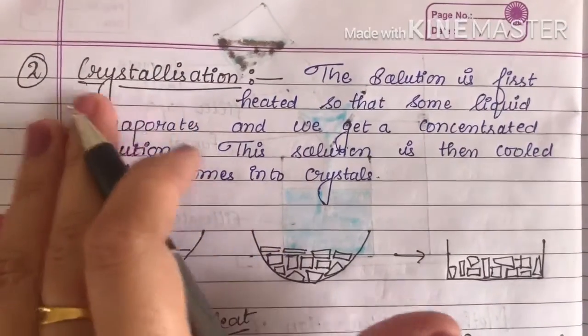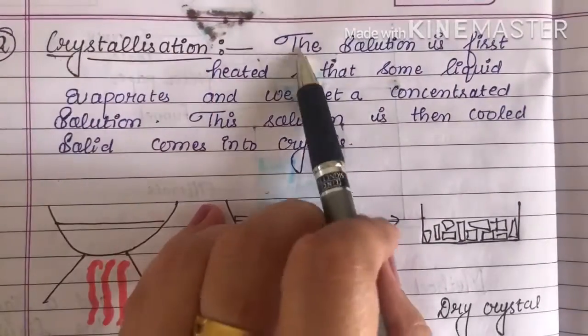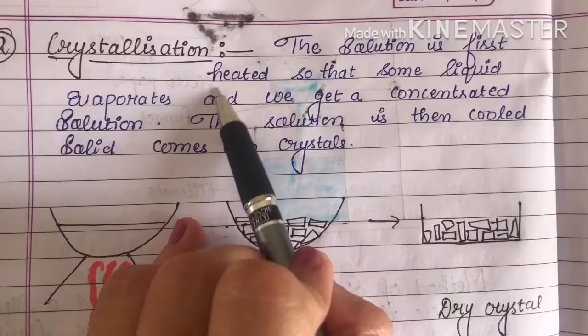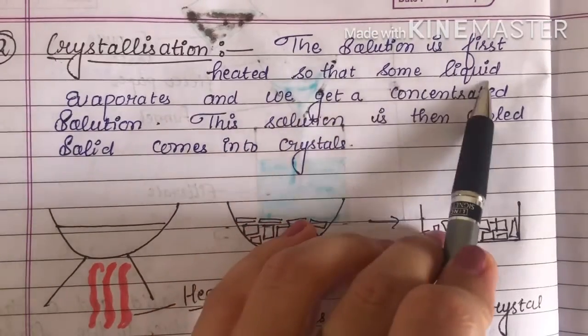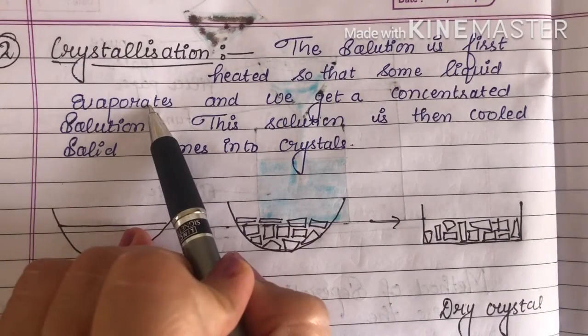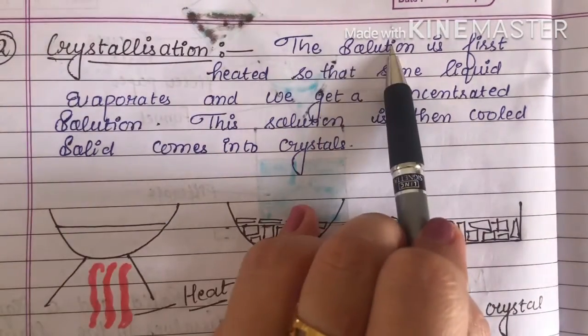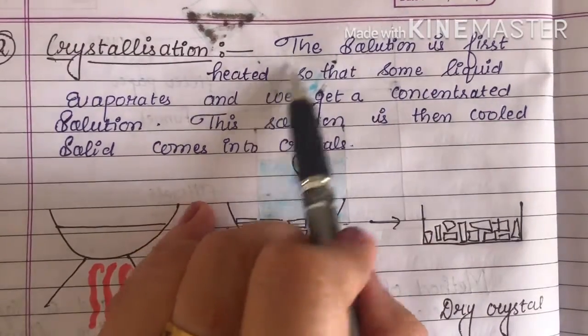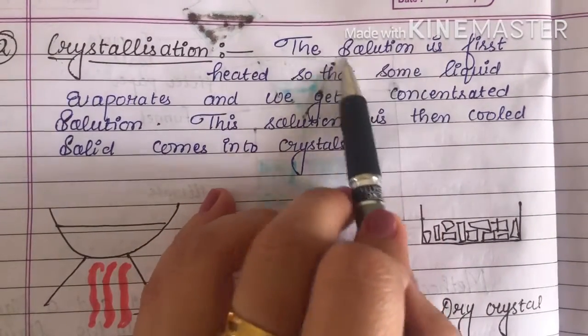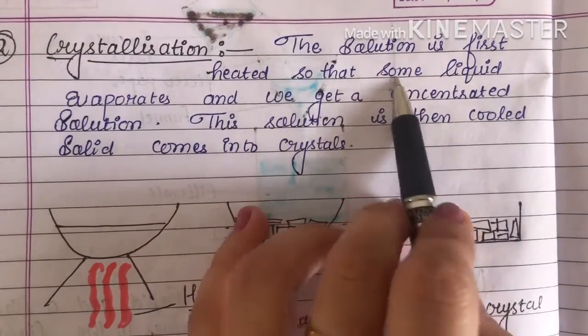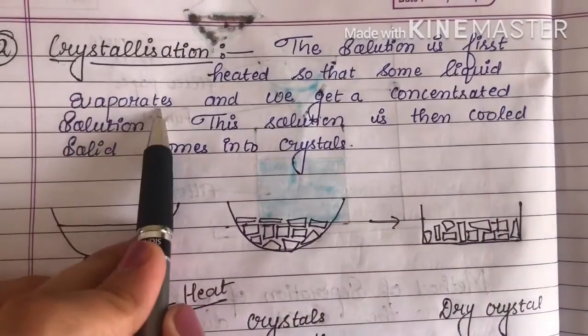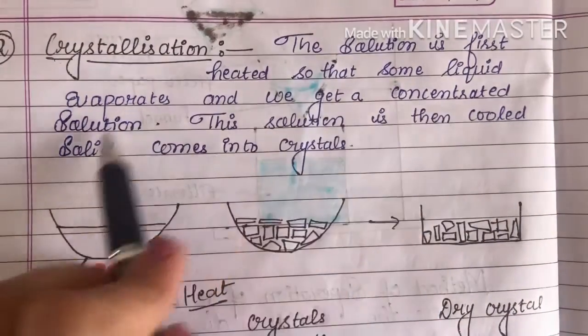Our next step is crystallization. The solution is first heated so that some liquid evaporates, and we get a concentrated solution.